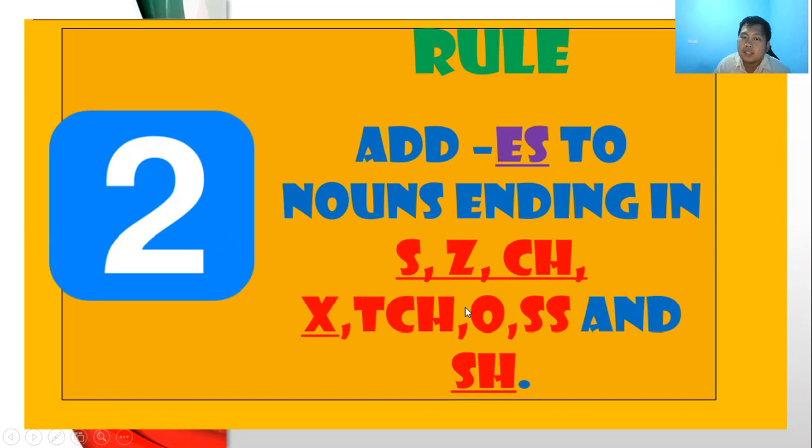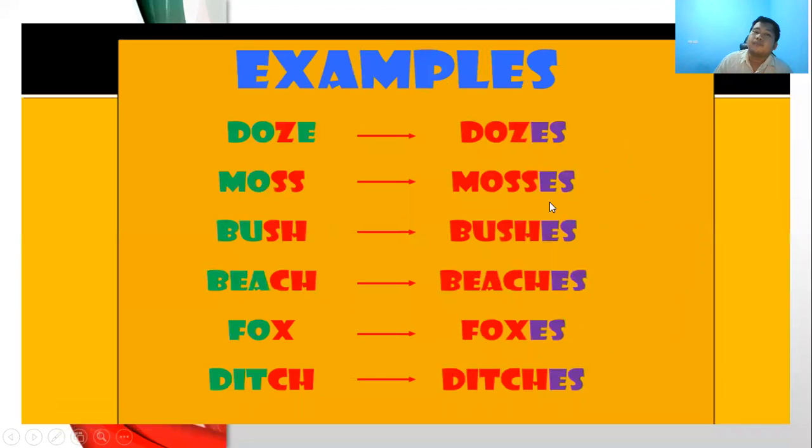Okay, is that understood? Example, we have those, and it ends with e, but we have z here, so we have to put es in here. So it becomes doses. Okay, moss.